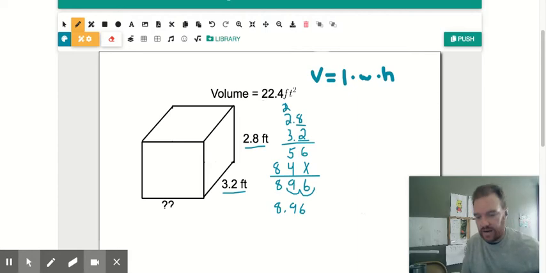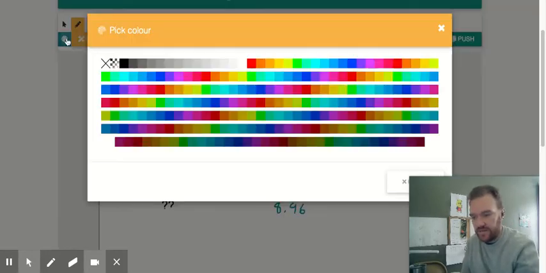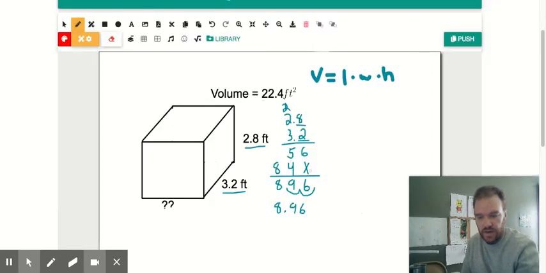Now that's not our missing dimension. Not yet. Because what we have to do next is divide that from our volume. So what do I mean by that? Our volume, so I have to do 22.4 divided by 8.96.